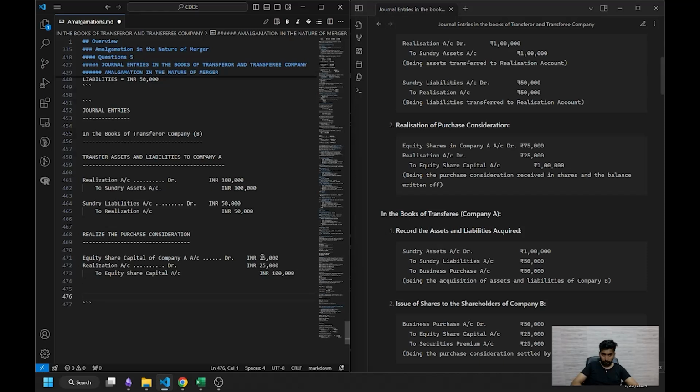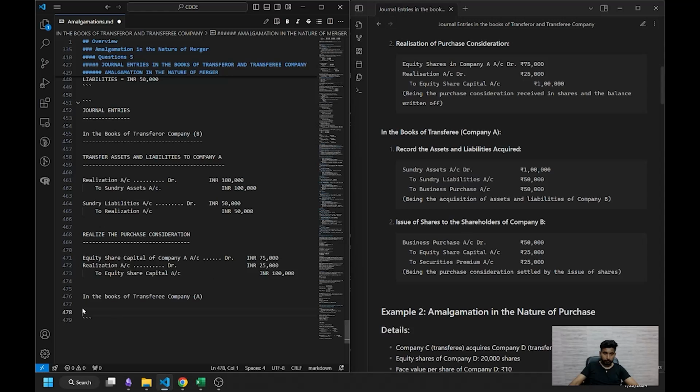After that, the entries are to be done in the books of transferee company, that is A. First of all, we will record the assets and liabilities which are acquired.